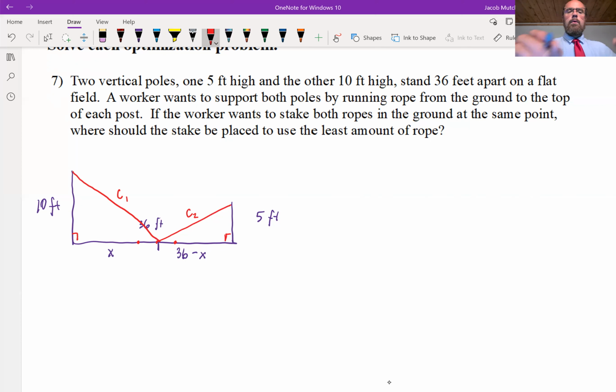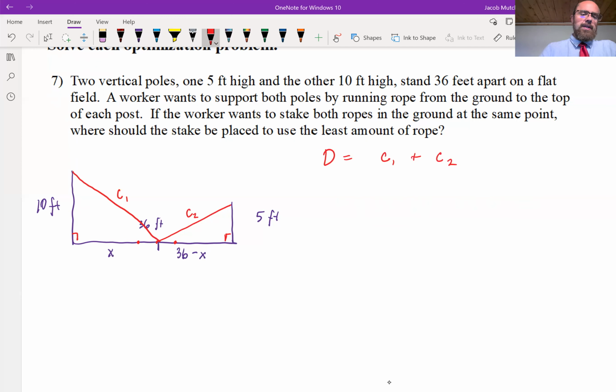So essentially what we're trying to say is that the distance, this is also a distance equation, is generally going to be C1 plus C2. Now we need to fill in those C1, C2 with expressions from the Pythagorean theorem.